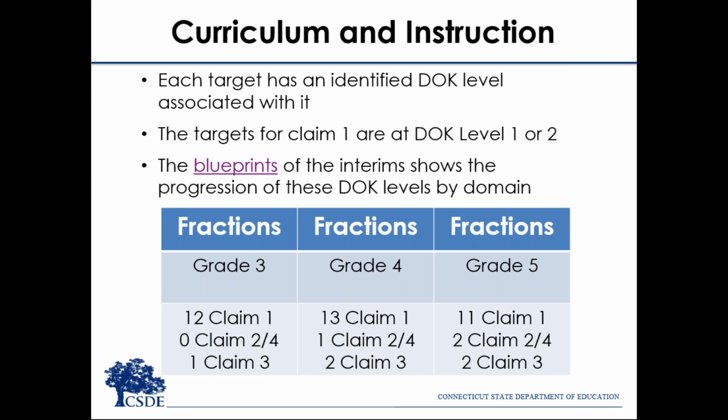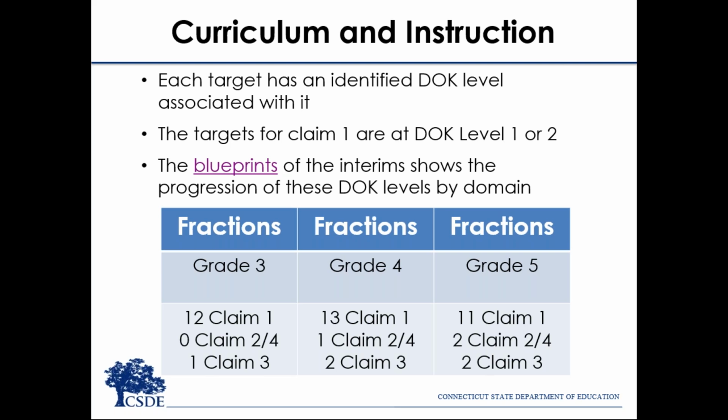As an example, if we look at fractions, there is a fractions block in grade 3, in grade 4, and in grade 5. Clearly, this is not the same block, and it is not the same set of standards being addressed in the block.